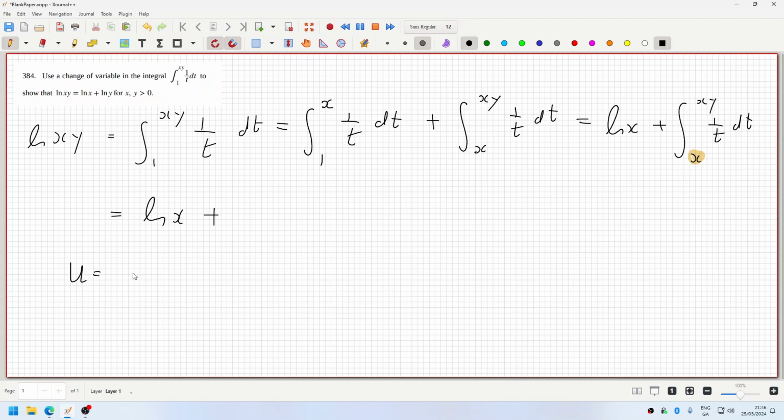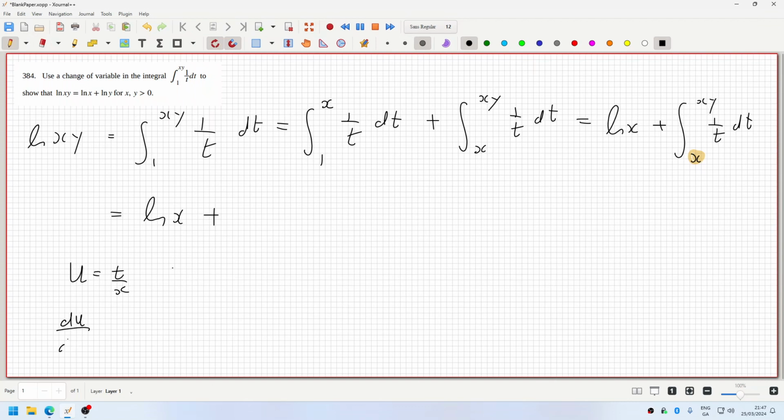So I think I want to use the substitution like t over x or x over t, because then when t is x, we'll get 1, but the upper one we want to get is y. So when t is xy, we'll get y here. And when t is xy, we get 1 over y. So I think, yeah, it should be this substitution.